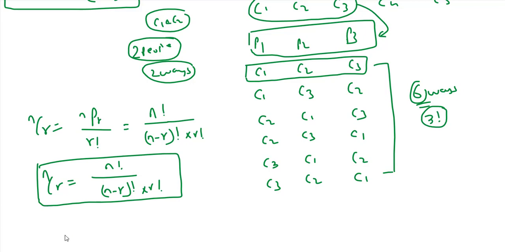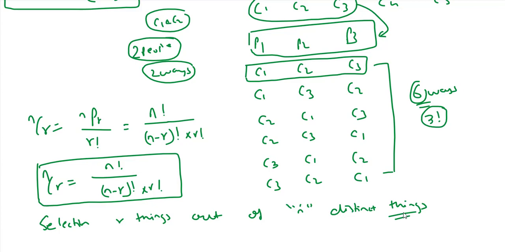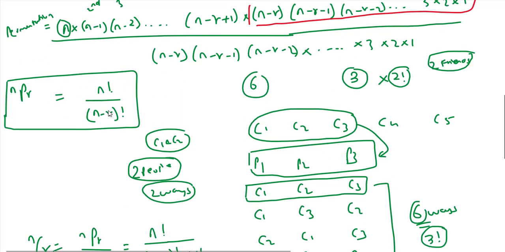This formula is basically selection of r things out of n distinct things. And the formula for permutation is basically the arrangement of r things out of n distinct things.